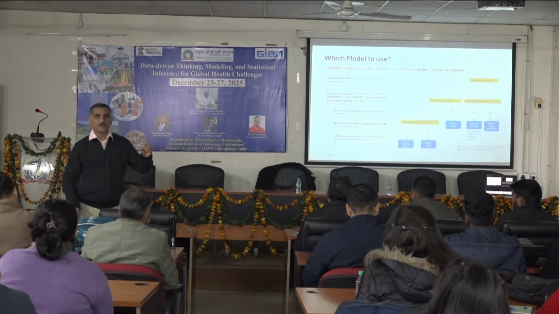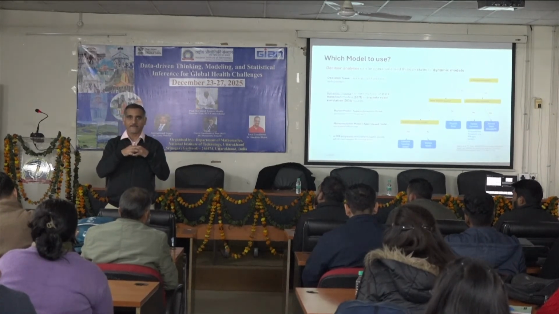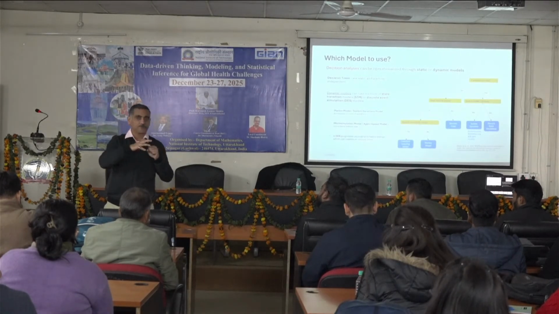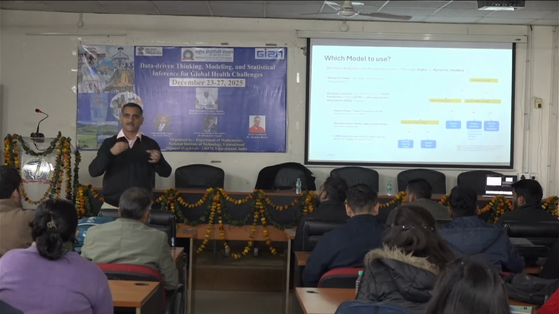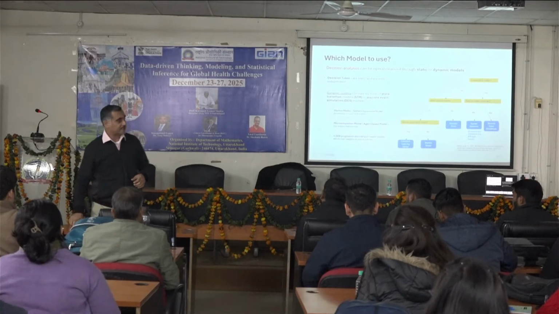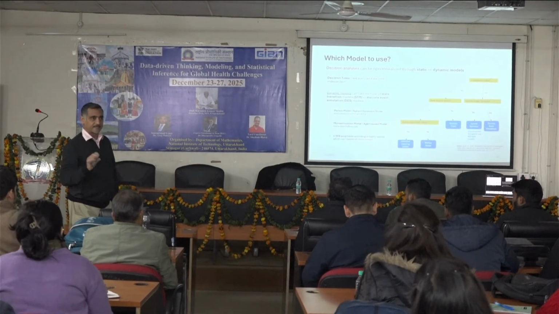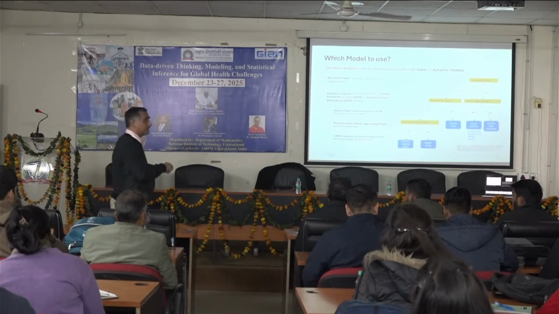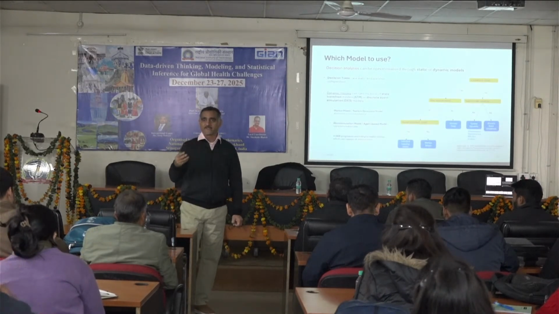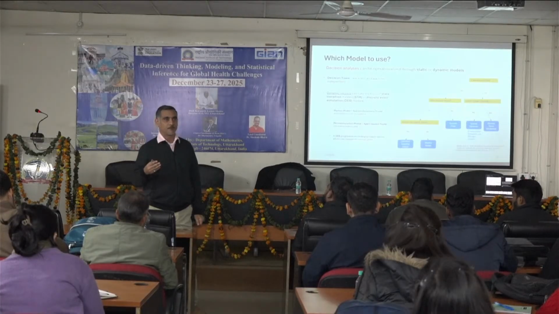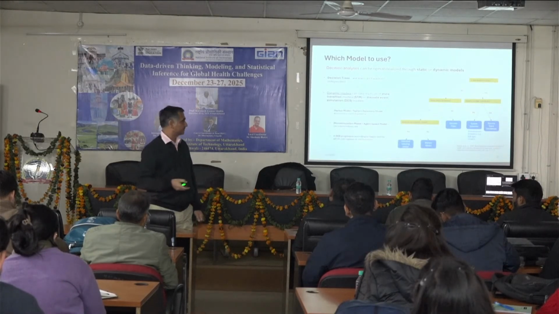Why? Because interaction is not important there, right? People get the disease due to social factors, genetic factors, not by interaction. So that's where the Markov model comes in. Individual sampling model is another type of model. So this tree helps you decide which model you will use in your work.